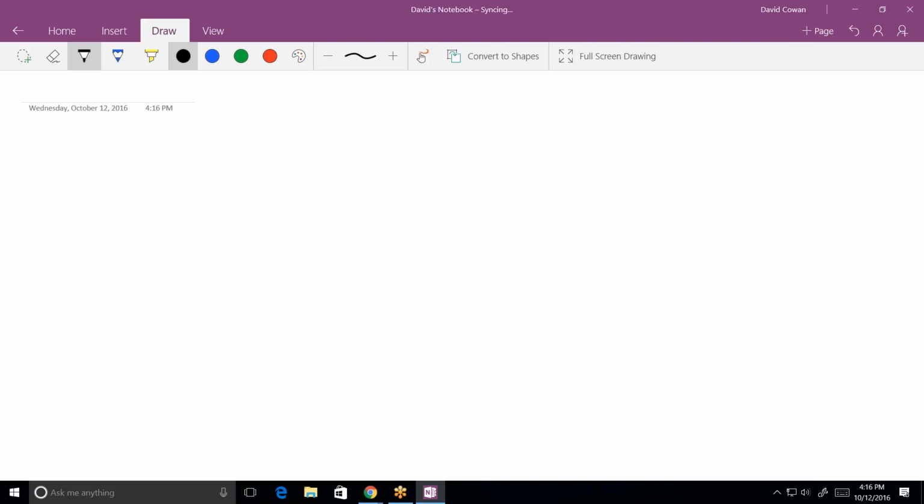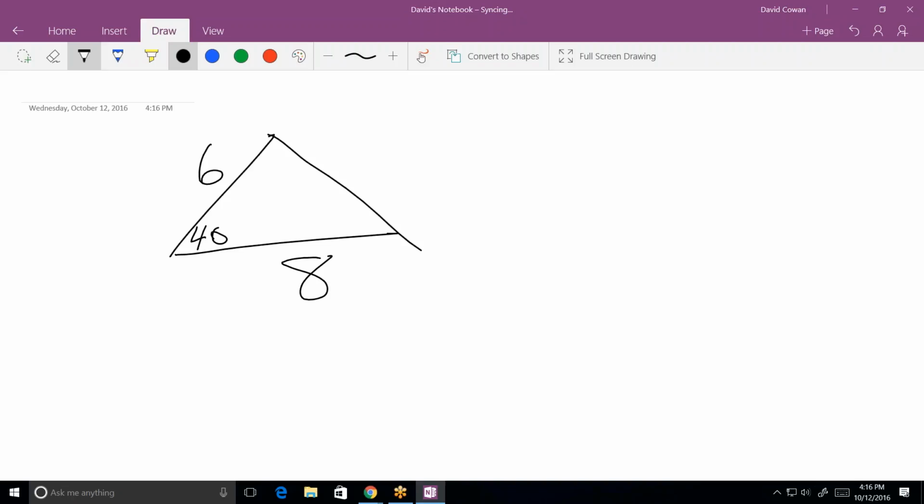Now, let me draw another one. What is this? Of the three, side, side, side, side, angle, side, or angle, side, angle? Which one is this? Side, angle, side. Okay.